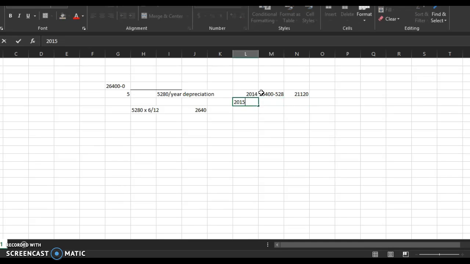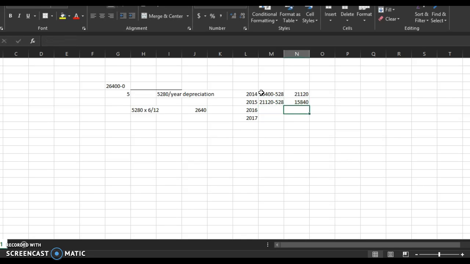So then for 2015, I'm just going to go ahead and stick the other years in there so we don't have to keep coming back to that. It would be that amount minus the $52.80, which gives us a value of $15,840.